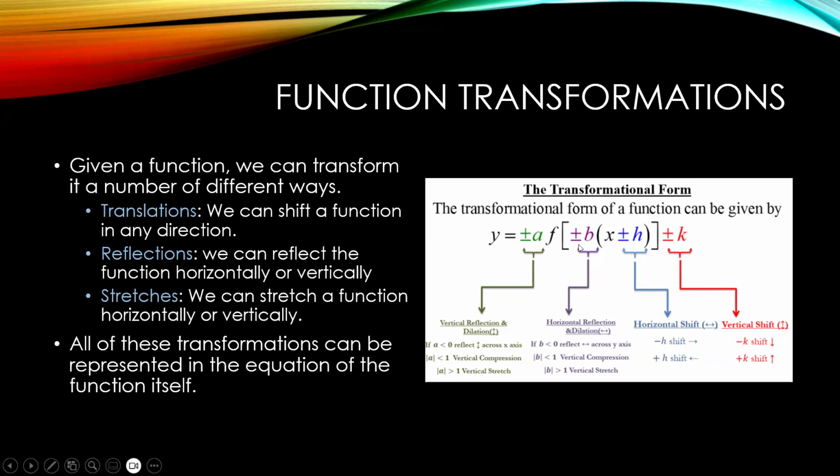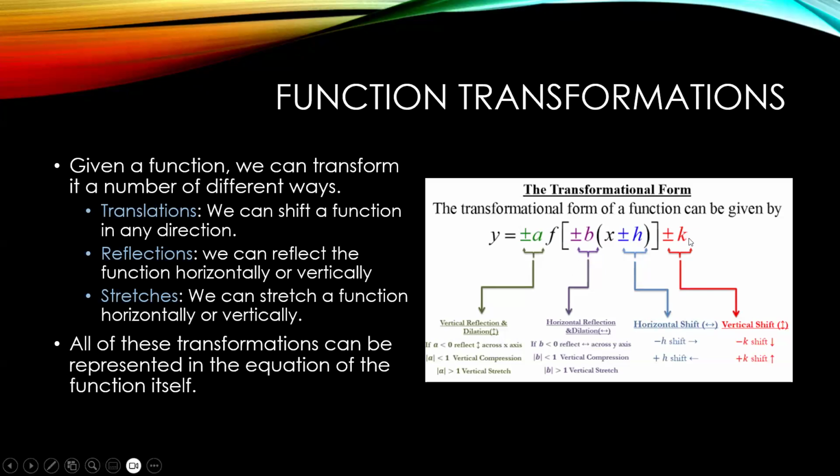Inside the function, the positive or negative in front of your x value is going to determine whether or not the function is flipped horizontally. The B value is then telling you if it's going to be stretched horizontally. Larger values of B will compress it horizontally, whereas fractional values of B are going to stretch it.